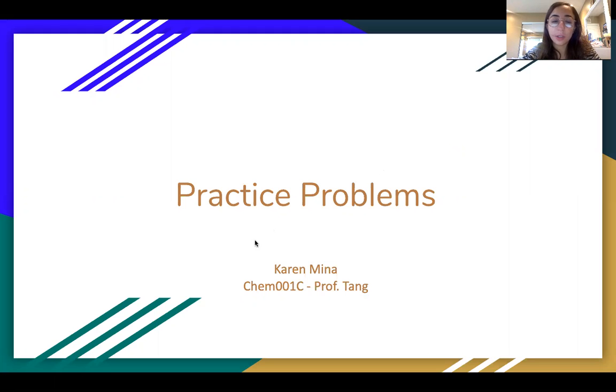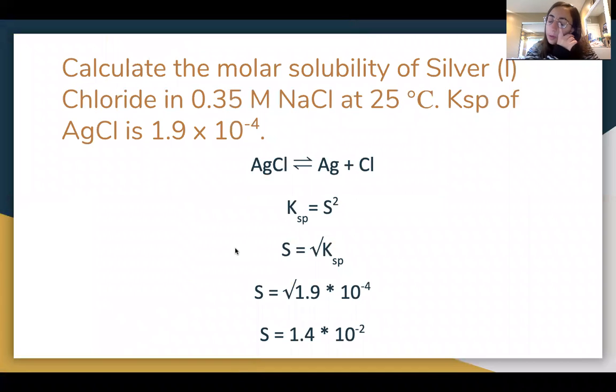So let's get started. The first problem is: calculate the molar solubility of silver chloride in 0.35 molarity at 25 degrees Celsius. The Ksp of silver chloride is 1.9 times 10 to the negative 4. As you know, the first thing we should do is write the balanced chemical equation.